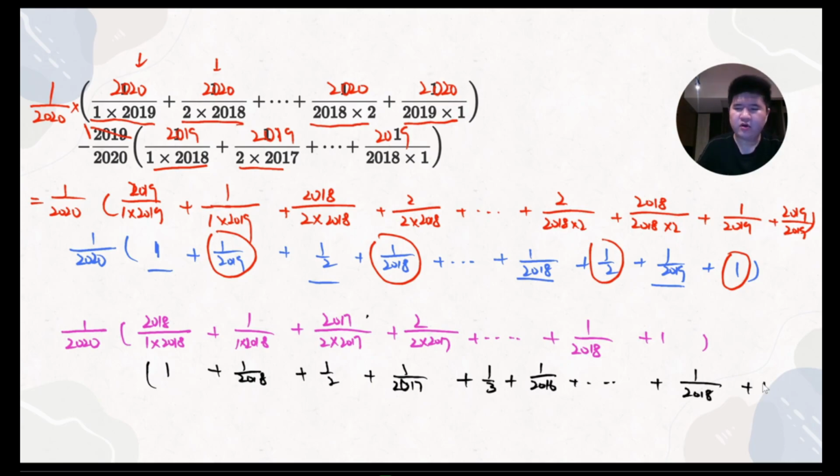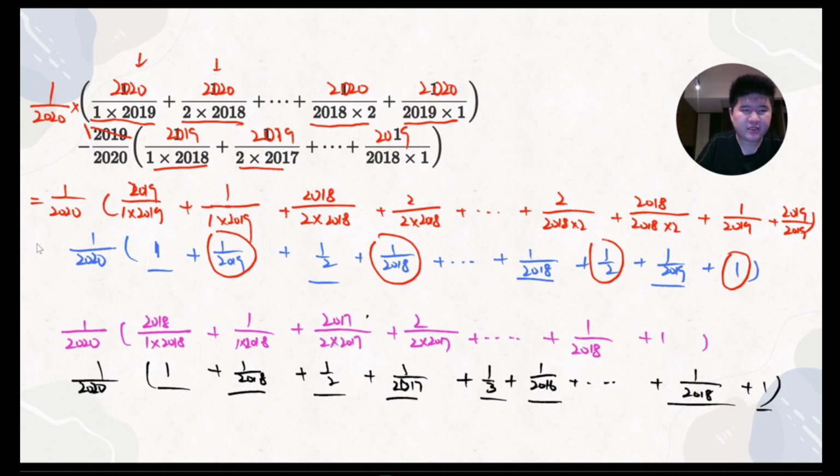We will find this bracket can also be split into two groups. One group is 1, a half, 1/3, 1/4, 1/5, 1/6, until 1 over 2018. Another group is 1 over 2018, 1 over 2017, 1 over 2016, until we get 1.